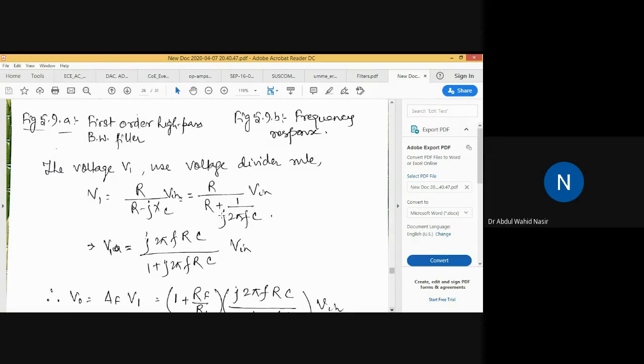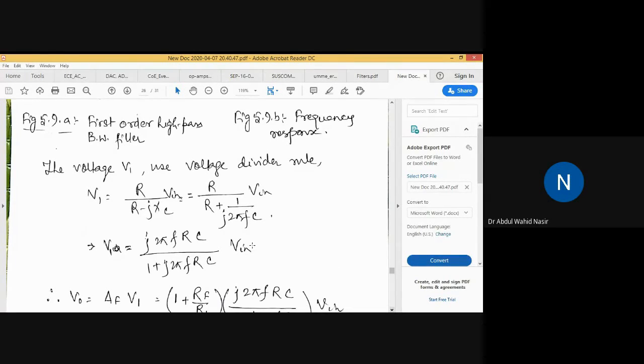Okay. So why did this minus sign get converted into a plus sign? Because we have changed the j, that means minus j we can write as plus 1 by j. And XC is 1 by 2 pi fC.